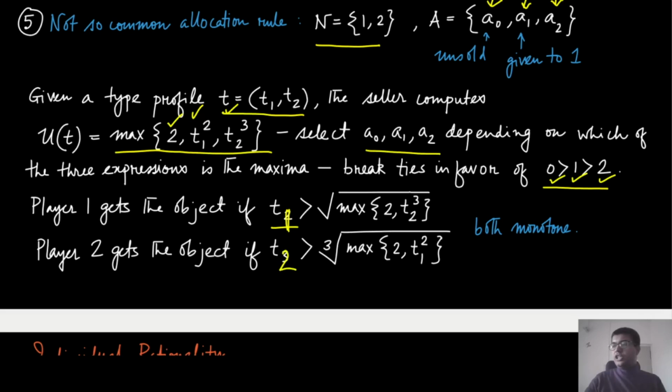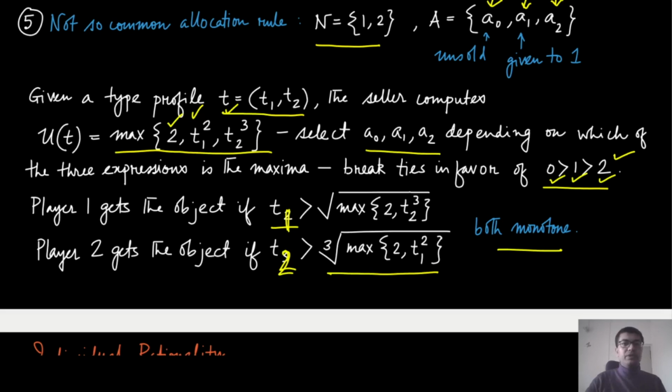If T2 is larger than the cube root of the max of 2 comma T1 square, then it goes to player 2. But you can see that both of these are monotone. Essentially both of these are threshold functions, step functions, with the threshold being this value. Anything above that, that player wins, and anything below that, that player loses. And exactly at that point, the ties are broken in this way.